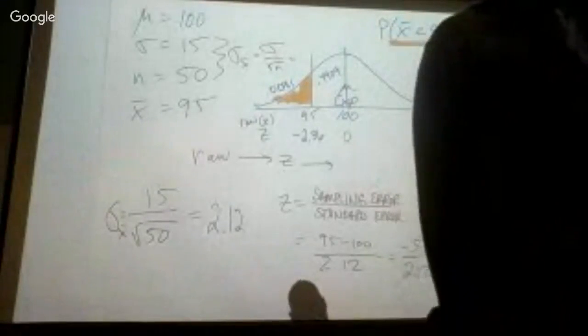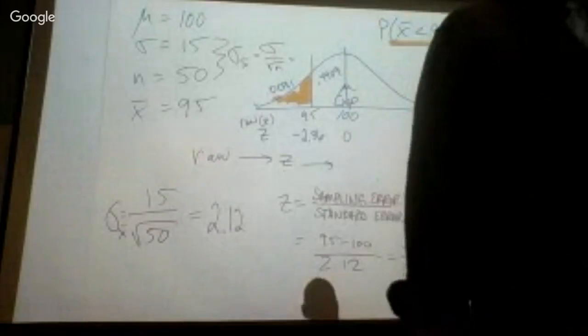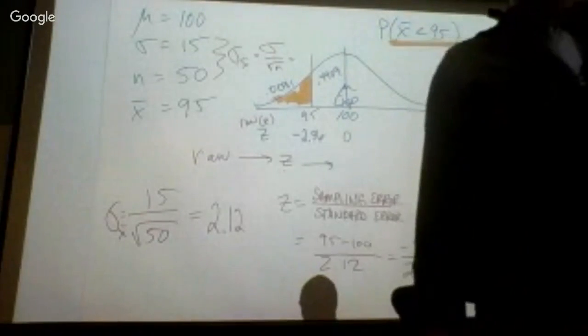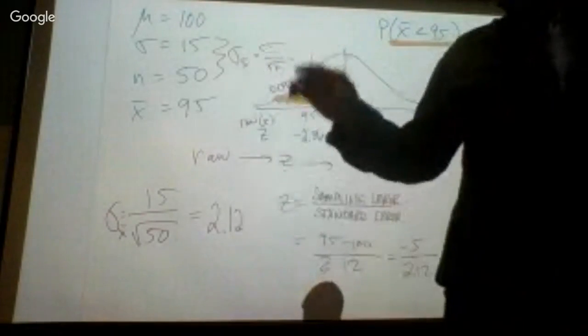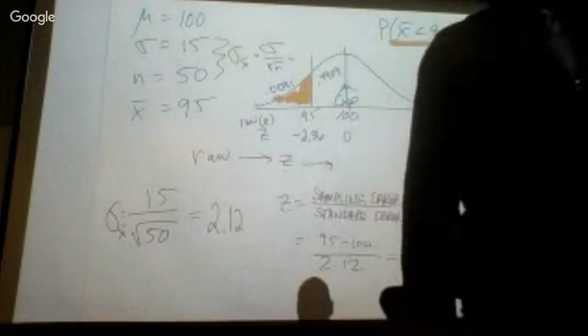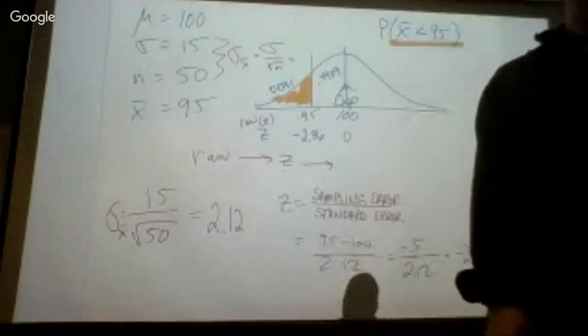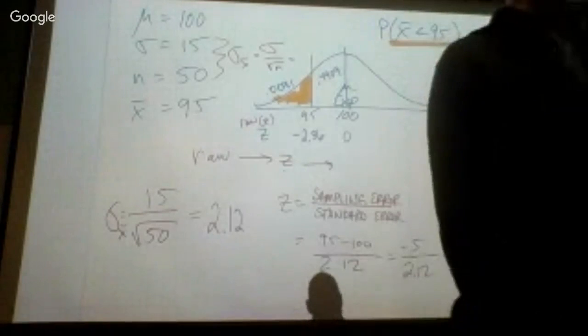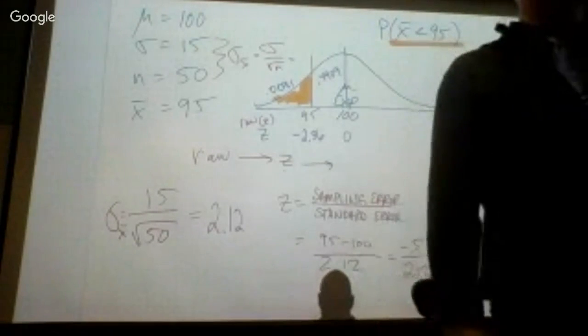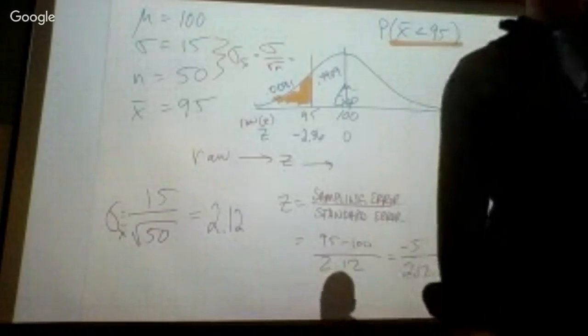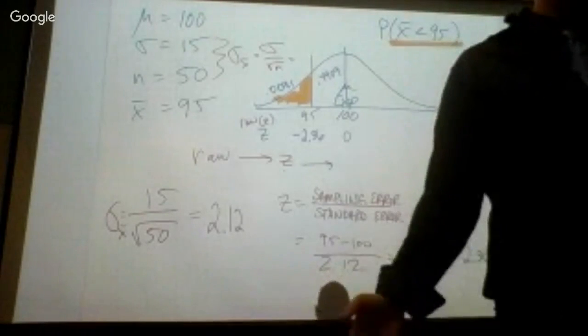But if you take a sample of 50 people, what's the probability that you select 50 people at random and their average IQ is less than 95? If you select 50 people at random, you would expect that some of them would be quote unquote smart and some of them would be quote unquote not smart.